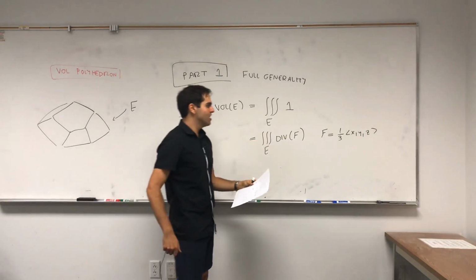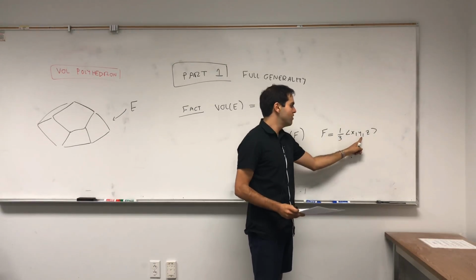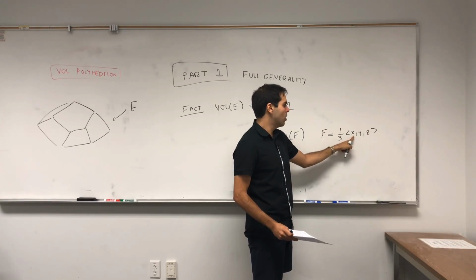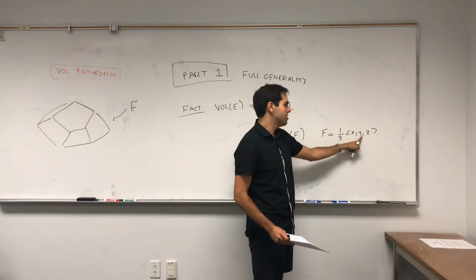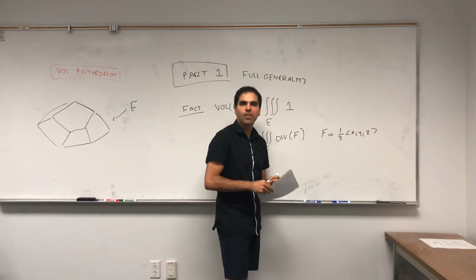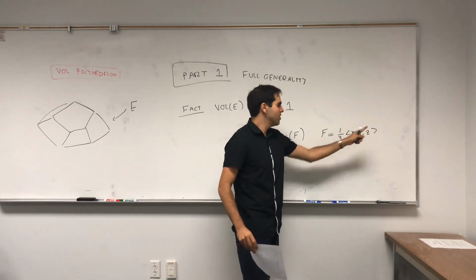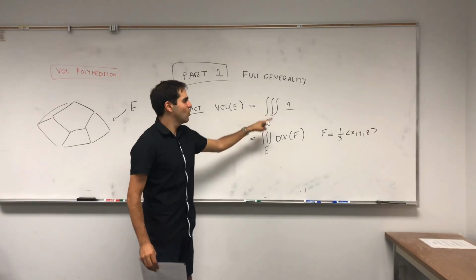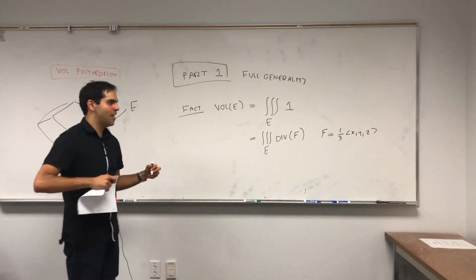What is the divergence? You take the sum of the derivatives of each component. The x derivative of x is 1, the y derivative of the second component is 1, the z derivative of the third component is 1. So you get (1 + 1 + 1)/3, which is 1. So 1 is indeed the divergence of f.